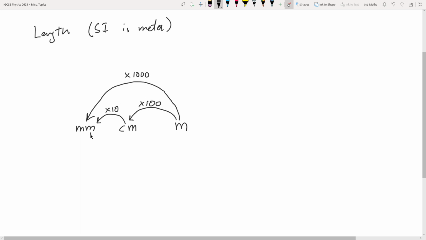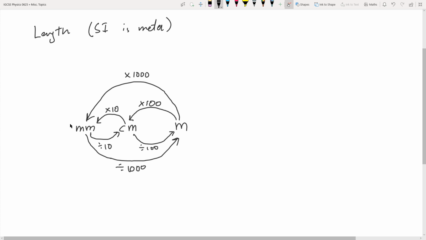Same way, from millimeter to centimeter, we divide by 10, as we're going from smaller to higher. And similarly, if we go from centimeter to meters, we divide by 100, and as a whole, we divide by 1000.